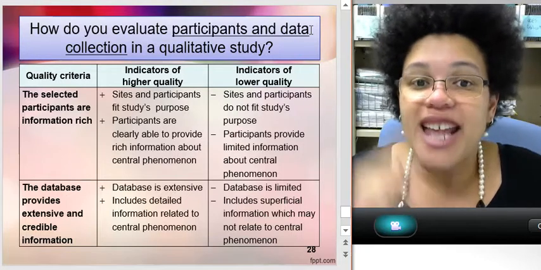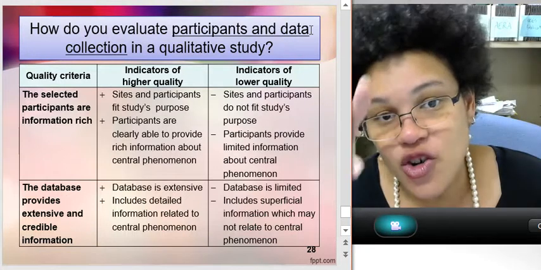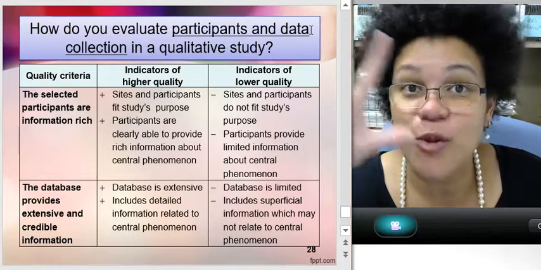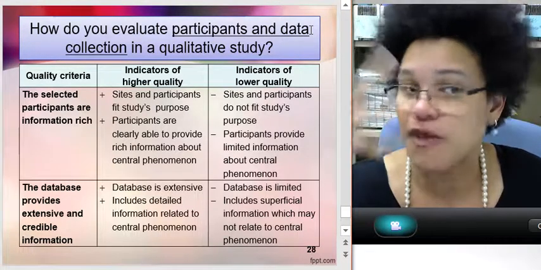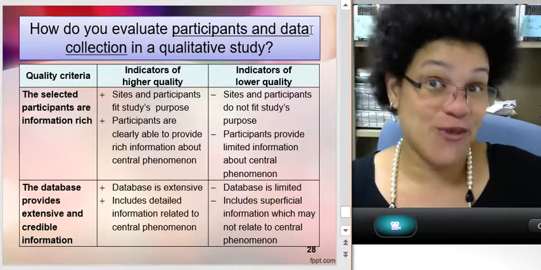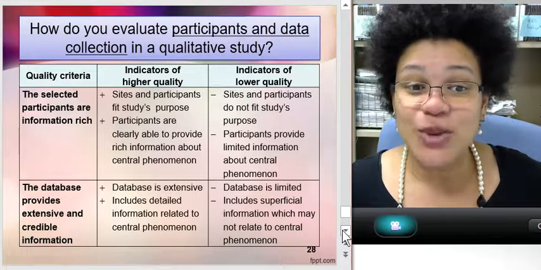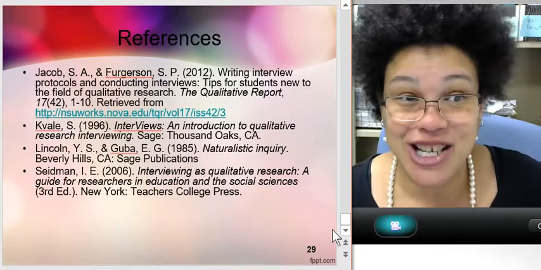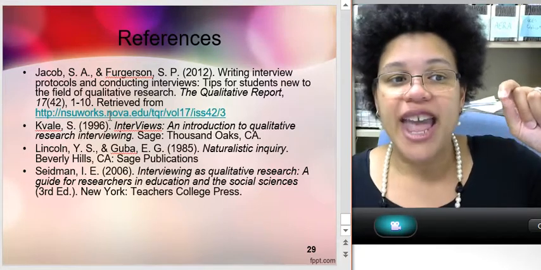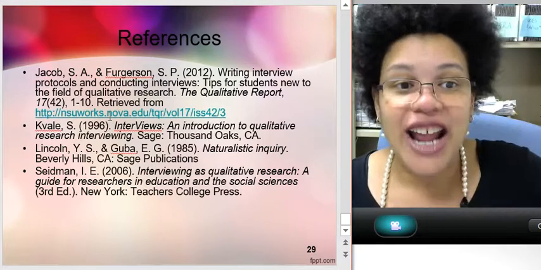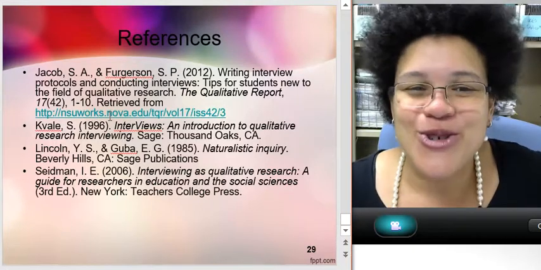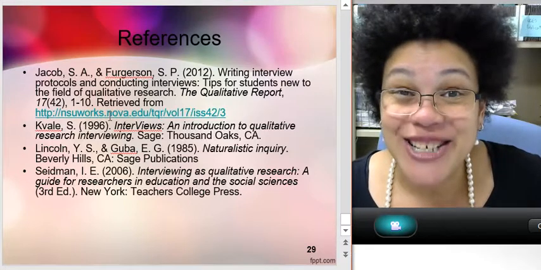And next week, I'll be showing you some links to some studies where you can start to do some of this work in terms of evaluating and seeing if you see some of these things that we've talked about. Okay, and on slide 29, those are the references I talked with you about, including that link to an article on how students who are new to qualitative research can write interview protocols and conduct interviews.